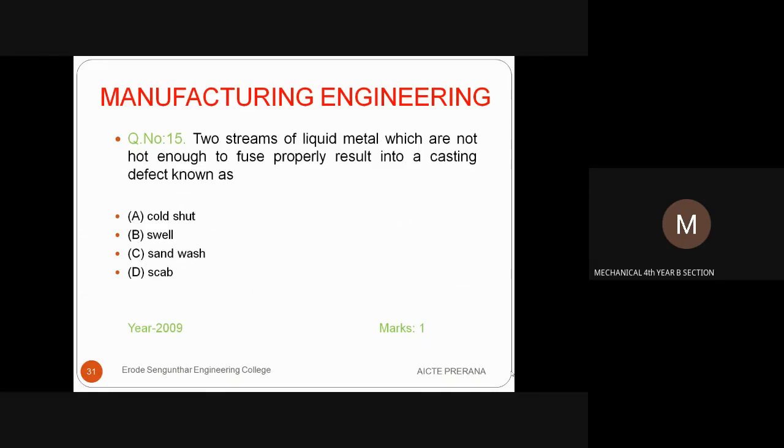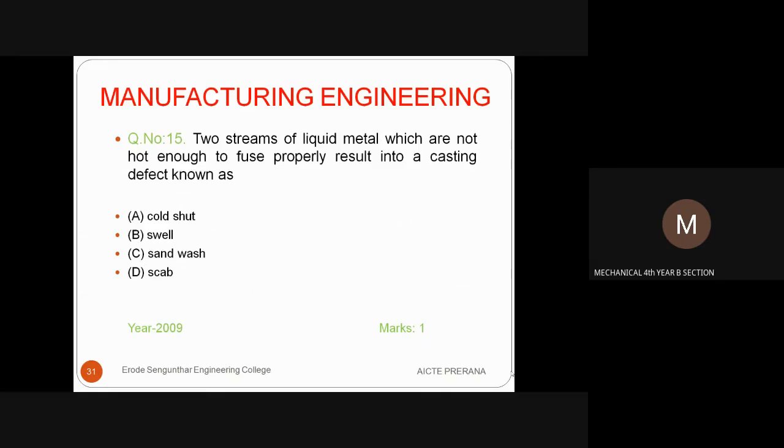What you have to see here is, first point, two streams of liquid. We are pouring the molten metal from two different ends, and the molten metal will flow into the mold cavity and meet one another.